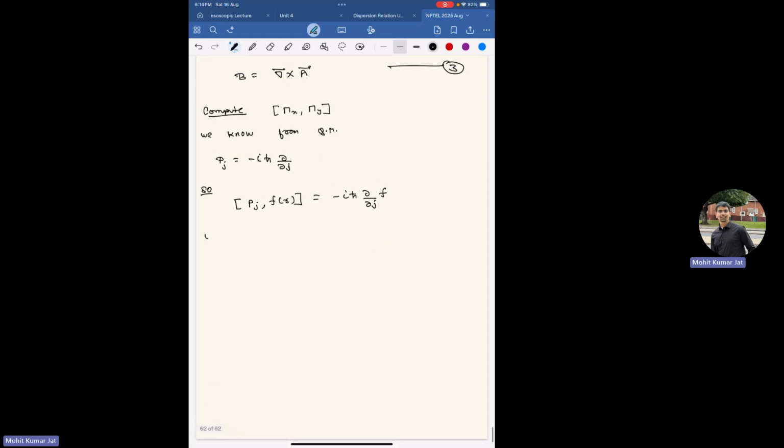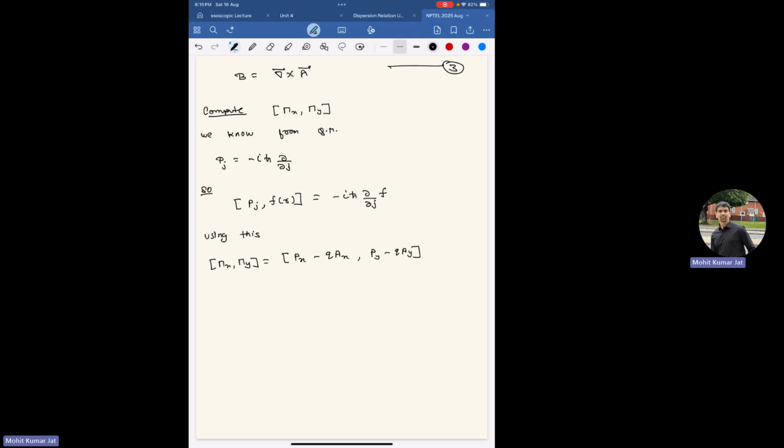So now using this, I can write the commutator of pi x and pi y equals px minus q Ax and py minus q Ay.